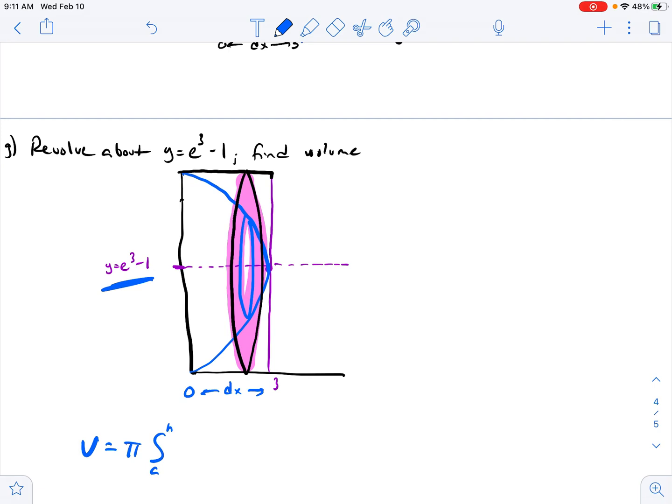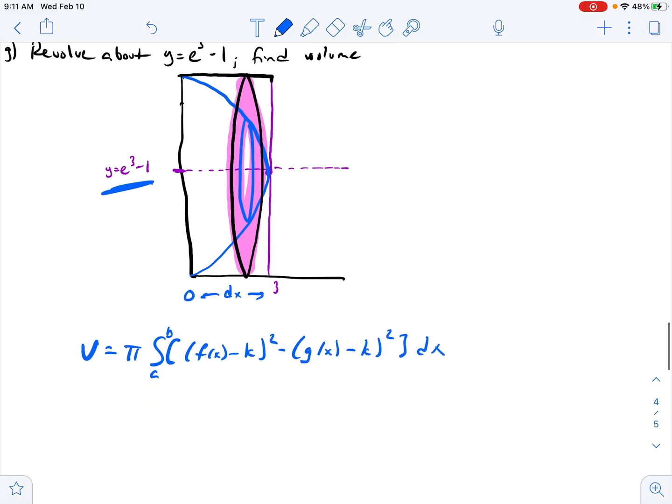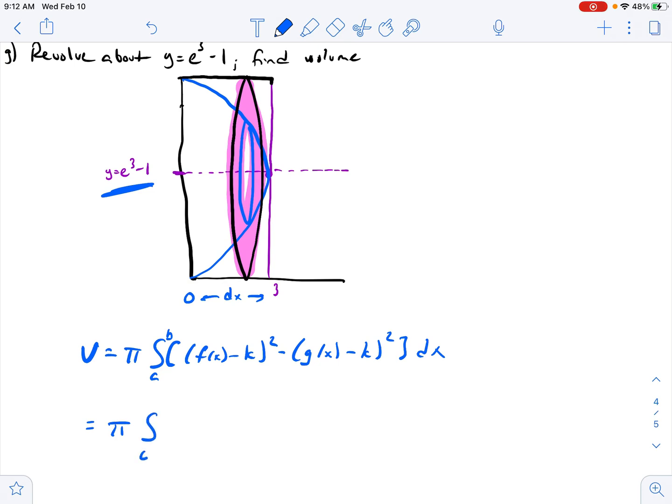Volume equals pi integral a to b, bigger radii squared minus smaller squared dx, in this case, bound 0 to 3. Okay, I'm subtracting e cubed minus 1. Careful with all these parentheses.